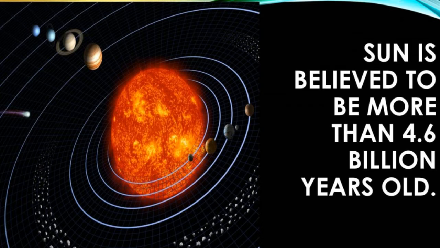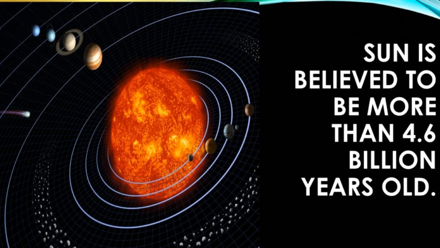Hydrogen atoms combine or fuse together to form helium under enormous pressure. This process, called nuclear fusion, releases an enormous amount of energy as light and heat. It is this energy which makes the Sun shine and provide heat.